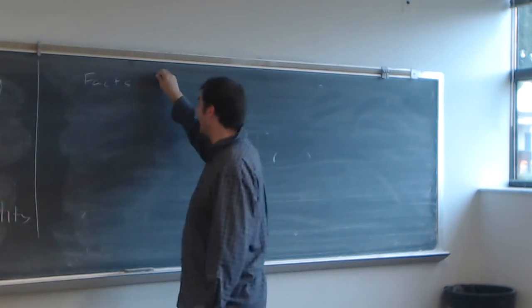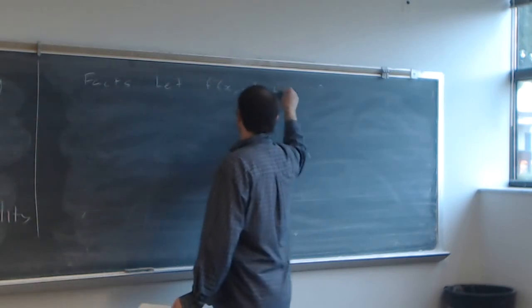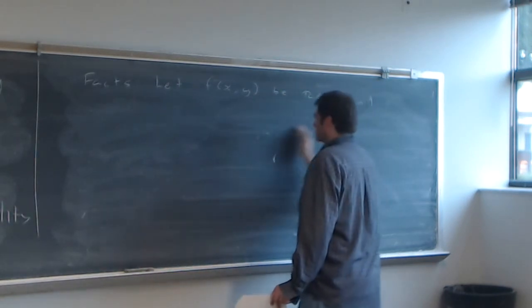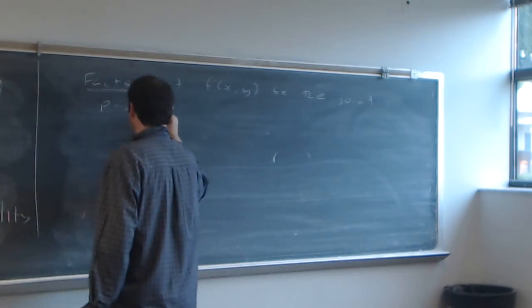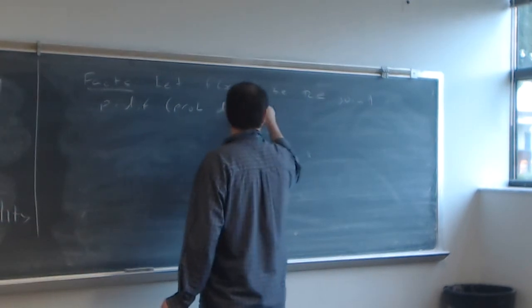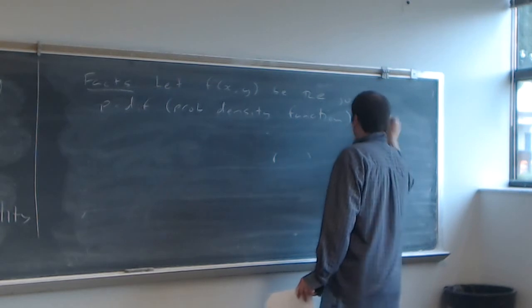So we'll let f of x comma y be the joint PDF, probability density function, of x and y.